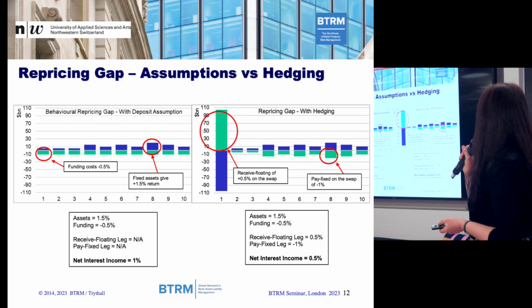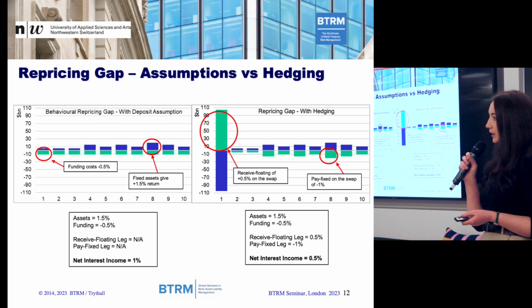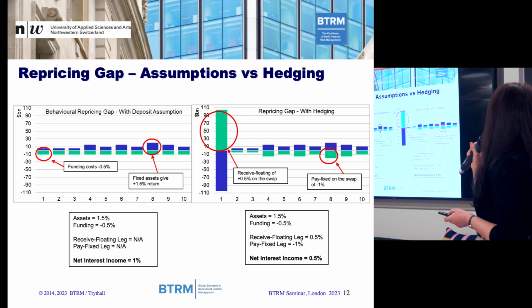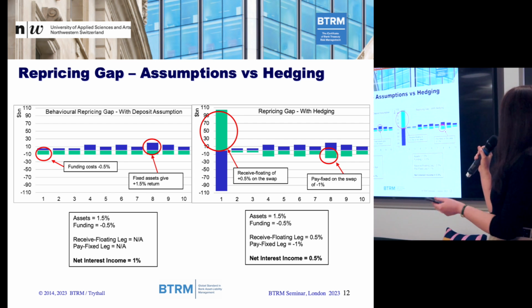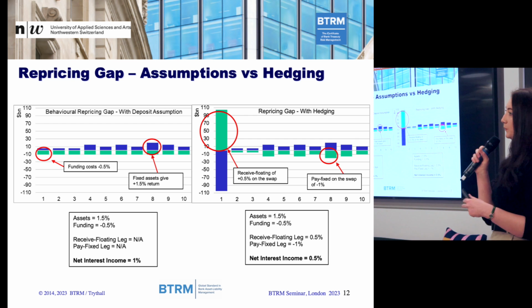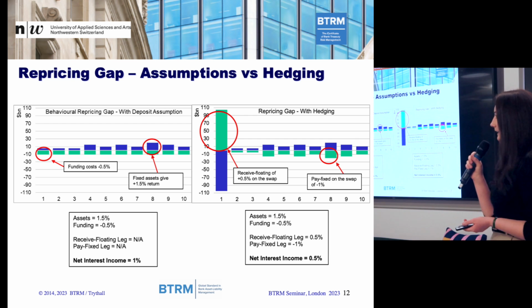So in this example, you can see how using the current account assumption would be more favourable by 0.5%. This is in a BAU scenario where somebody might have used current account spreading assumptions on the left and they've done hedging on the right. You can see that the hedging is slightly more expensive because they receive 0.5 but they're paying 1%. So the difference is that they make 0.5% less.